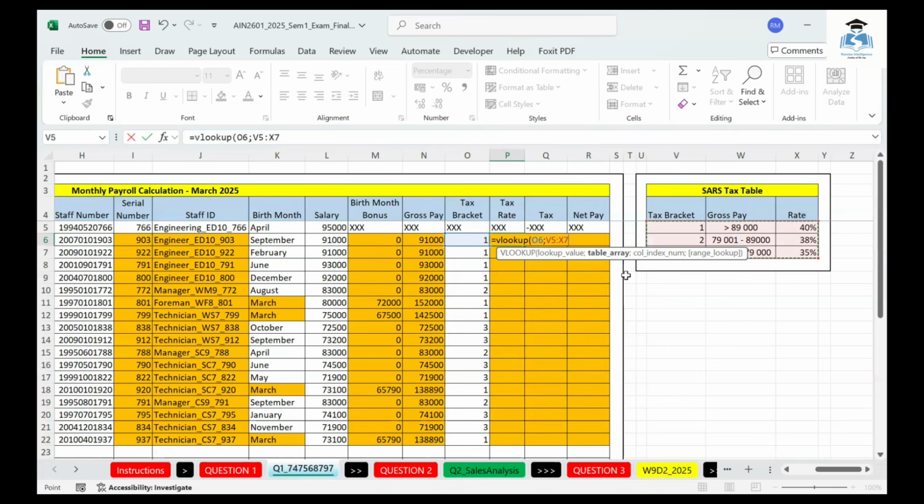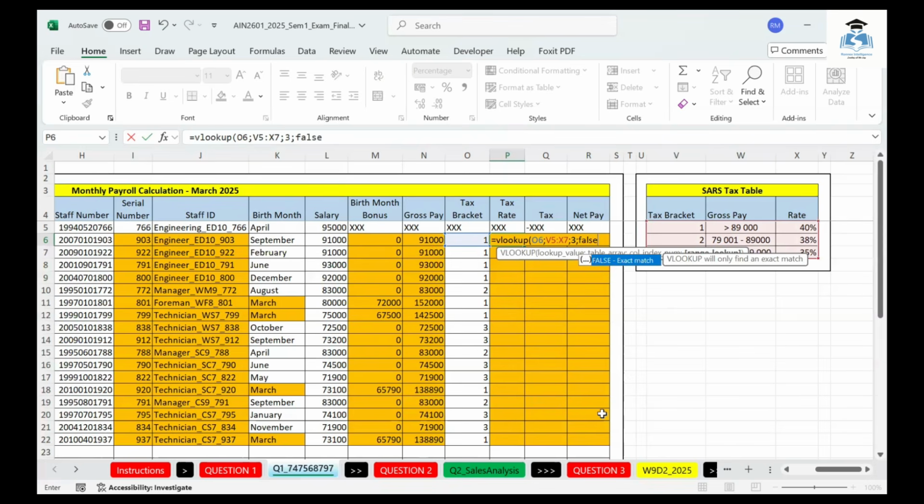All right. Then what do we need? The column. Is it the gross pay? The column, no. 1, 2, 3. We are under the rate, so we want the rate. Then is it exact or approximate?